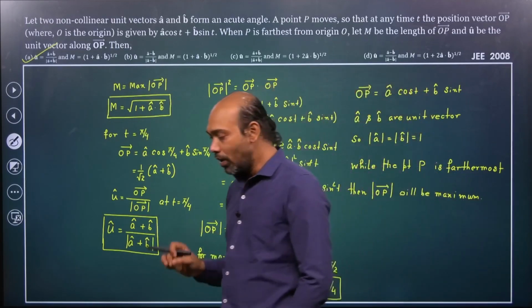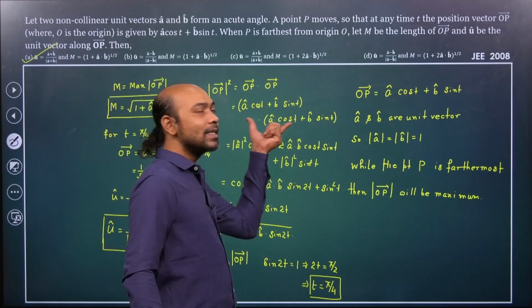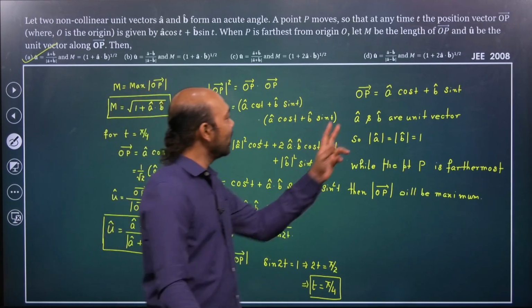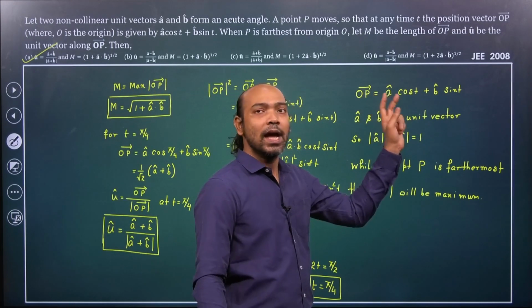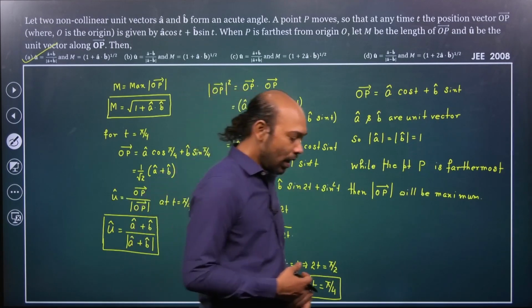The only trick here, everything else is very straightforward, is calculating that mod of OP. Generally we face vectors with cos t and sin t, so the problem may change.